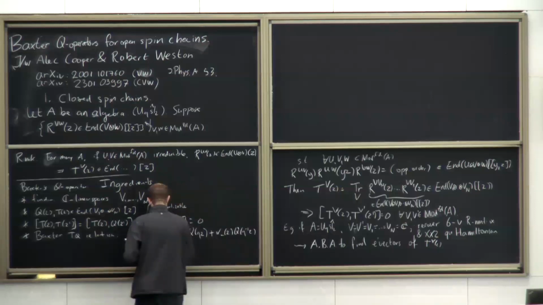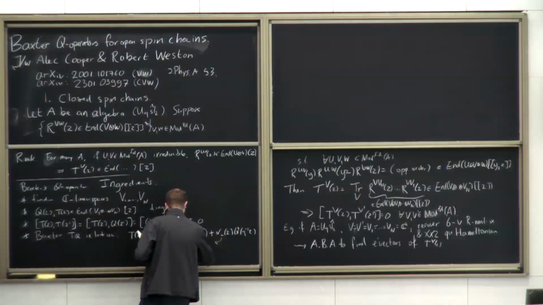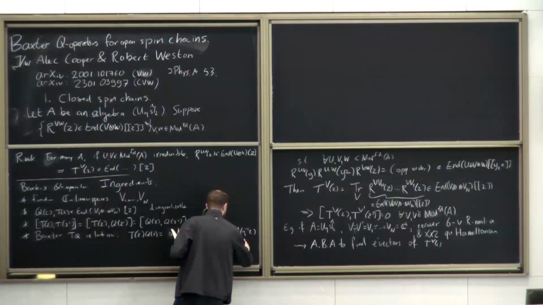Here, these are some scalar valued rational functions, and q is just some non-zero complex number.